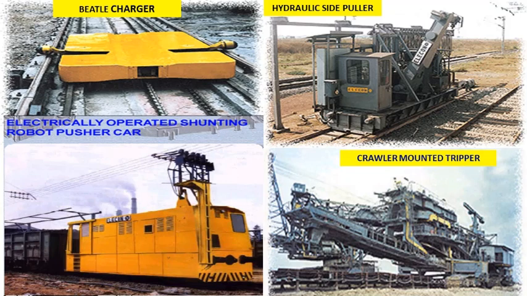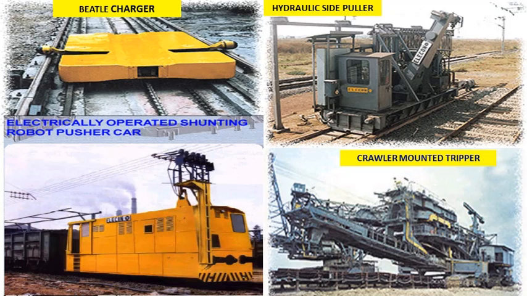These wagon tipplers and whatever is coming through the car are actually dumped in a conveyor system, and this conveyor system takes this coal to the stacking yard.